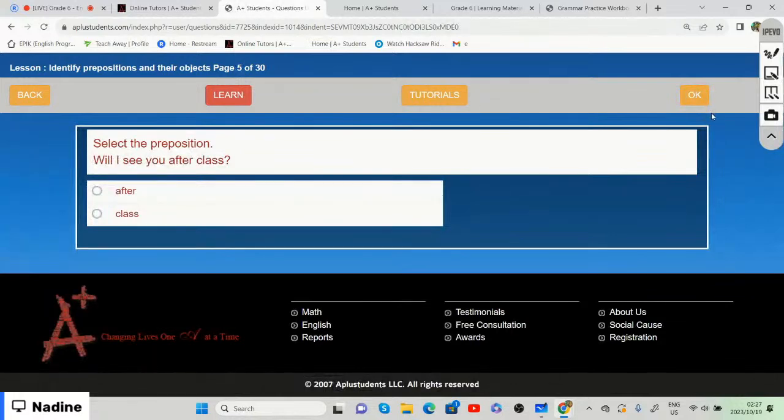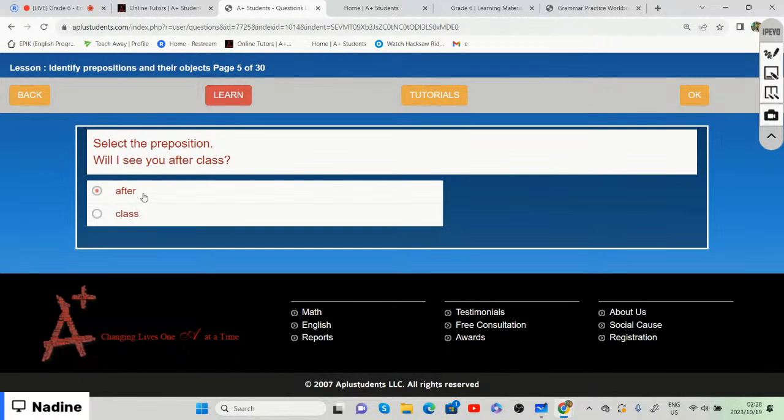Will I see you after class? Is it after or class? If we select the preposition, we can say it is after.